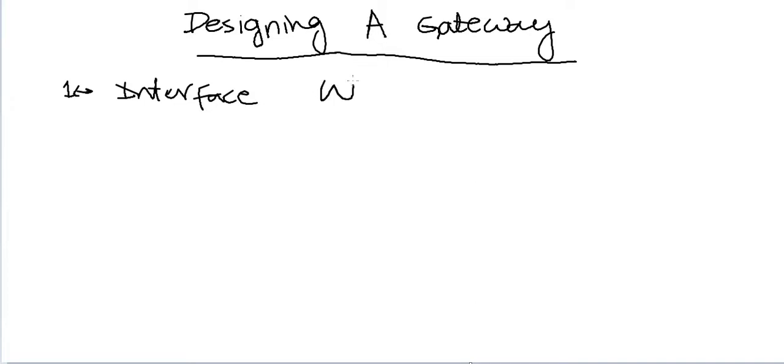So in order to design a gateway, we should keep the following things in mind. What our gateway should have. Number one, our gateway should have interfaces, for example, Wi-Fi or LAN, or for example Bluetooth.